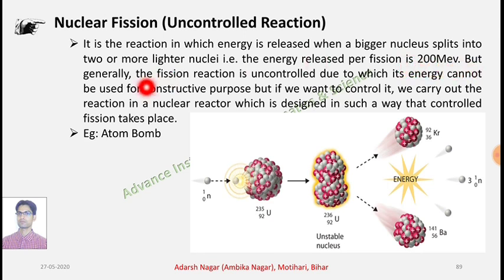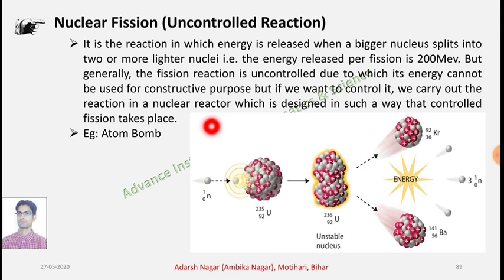But generally the fission reaction is uncontrolled, due to which its energy cannot be used for constructive purposes. If we want to control it, we carry out the reaction in a nuclear reactor, which is designed in such a way that controlled fission takes place.